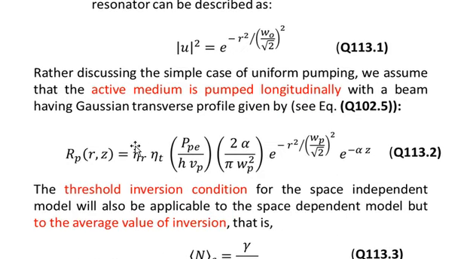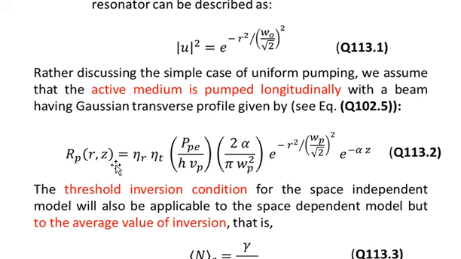So you can see that this will give you equation number 2, which gives you the pump rate as a function of r and z, where z is the distance along the longitudinal direction of the cylindrical active medium rod, and r is the distance away from the center of the rod.